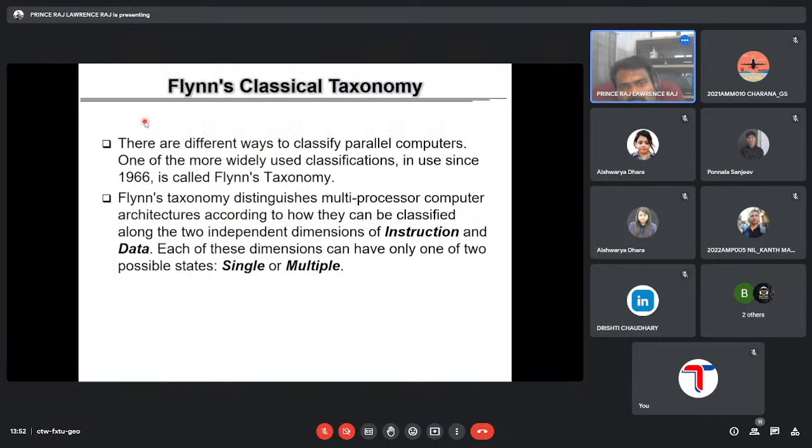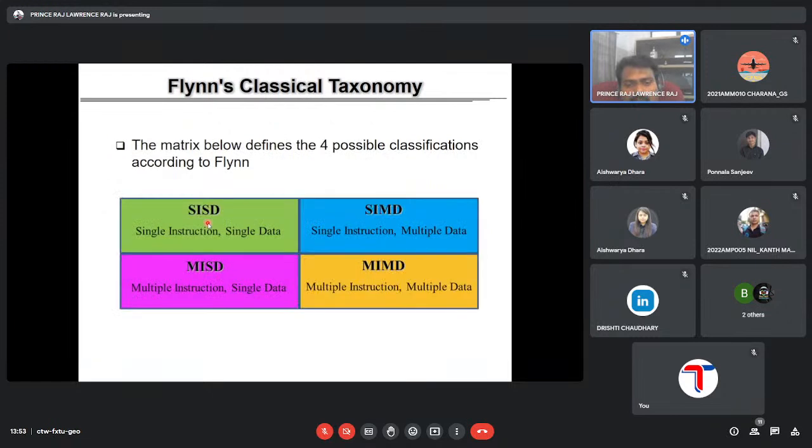Now, there are different architectures. Flynn gave a taxonomy in 1966, and using that we can split them into four possible classifications. First, single instruction, single data.